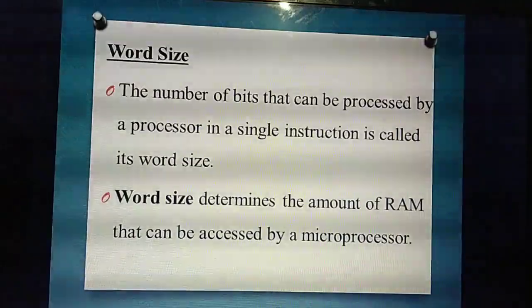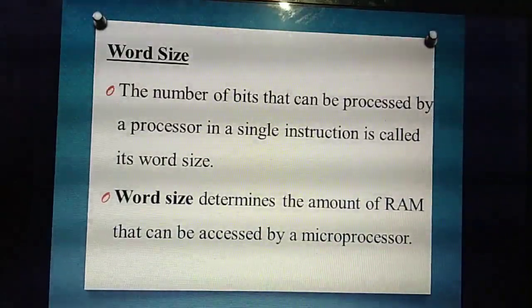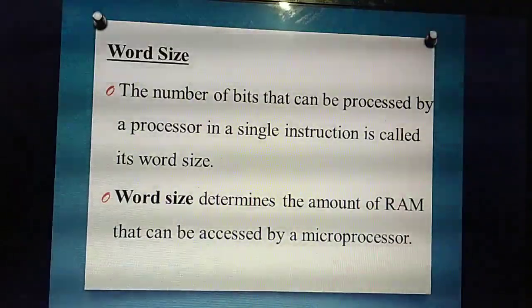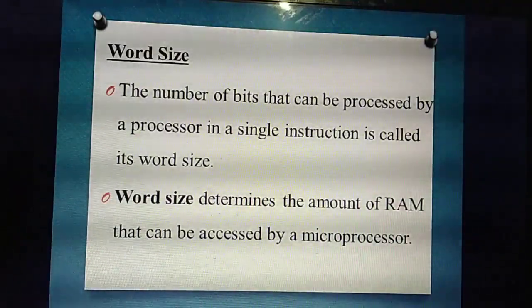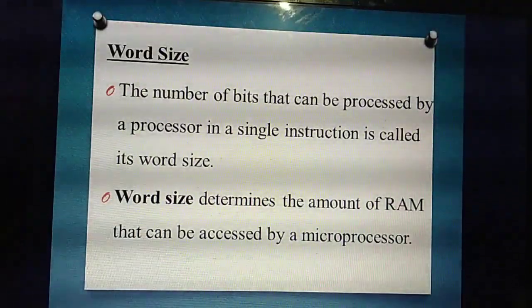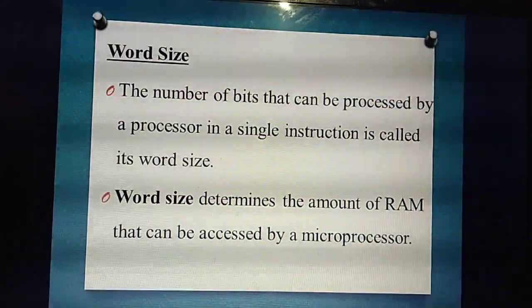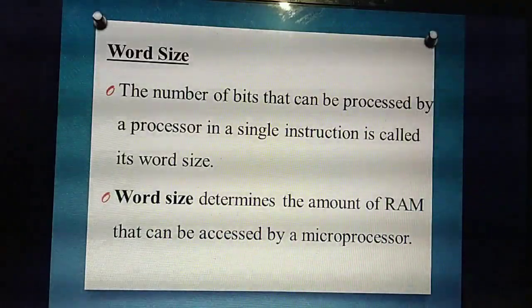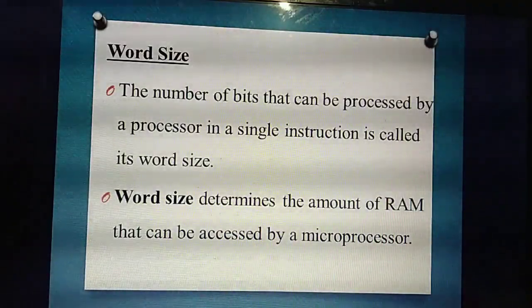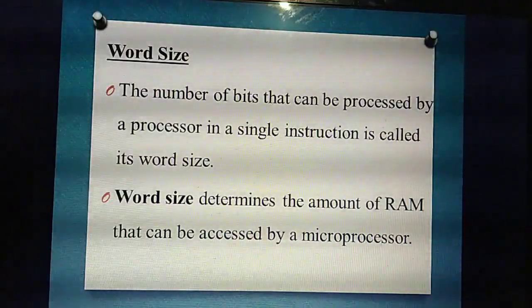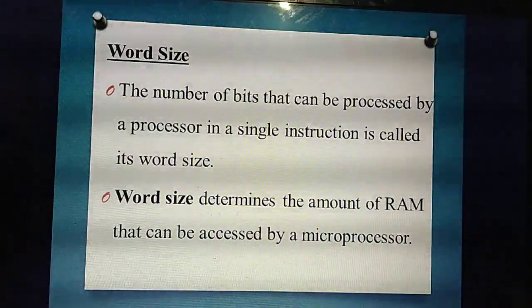That is called word size. This word size determines how much amount of RAM can be accessed by a microprocessor. Already you have studied about RAM. So how much capacity, or how much storage space of the RAM, can be accessed by a microprocessor determines the word size.